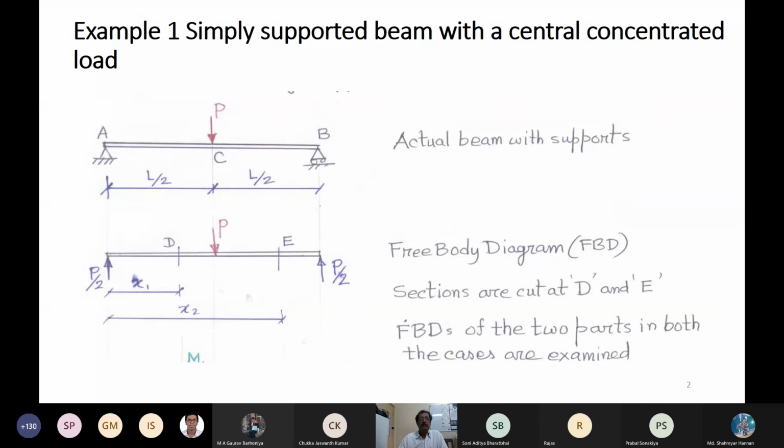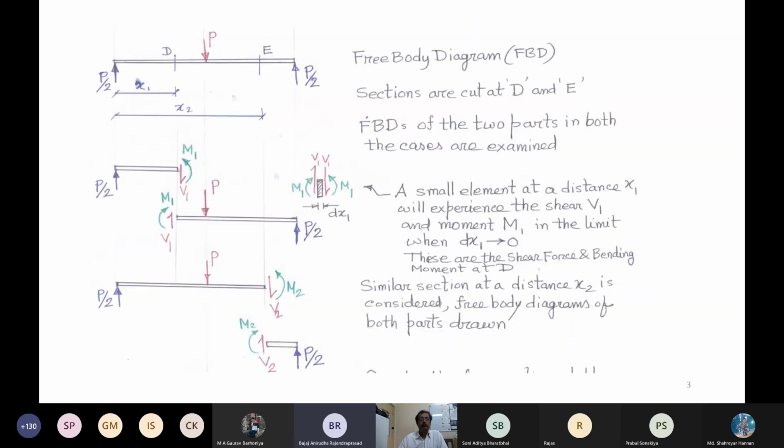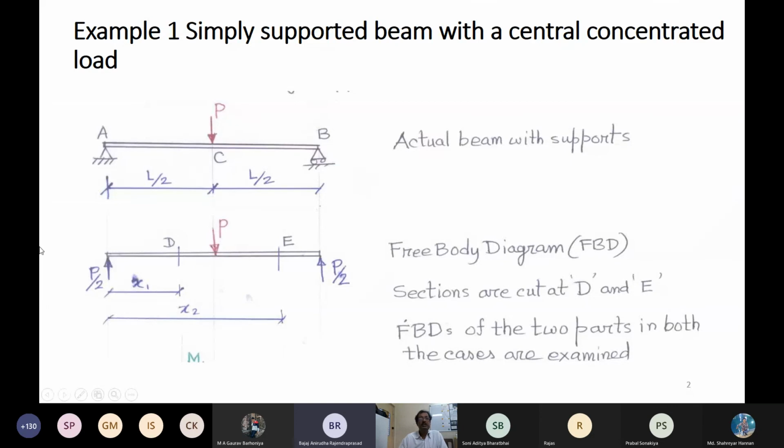Yes, sir. If we consider the force at x1 in the downward direction, then the SFD will first be negative, and after L/2 distance it will be positive. Oh, this force is in the middle by chance. It can be anywhere.